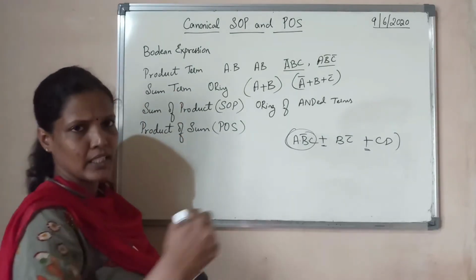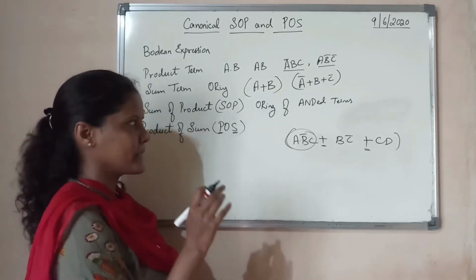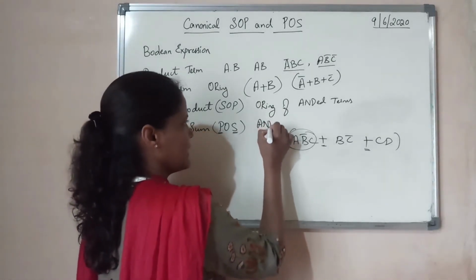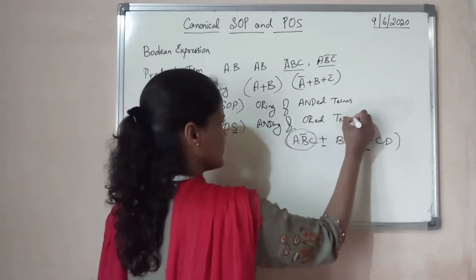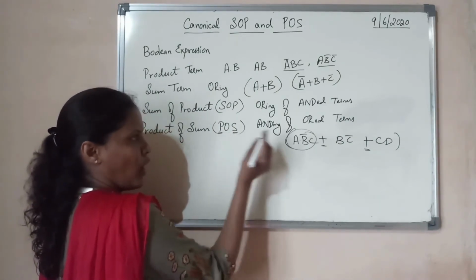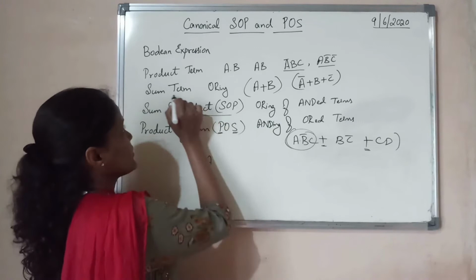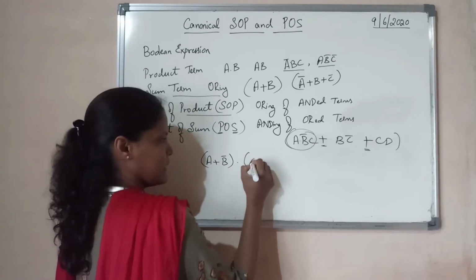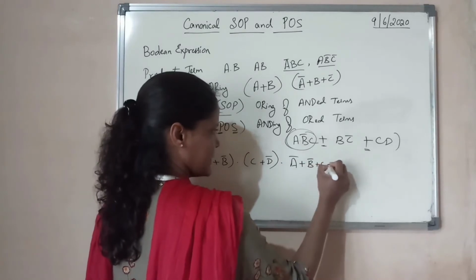Product of sums, on the other hand, is the product of the sum terms, or the ANDing of the OR terms. If you look at an example: (a plus b bar) dot (c plus d bar) dot (a bar plus b bar plus c plus d).